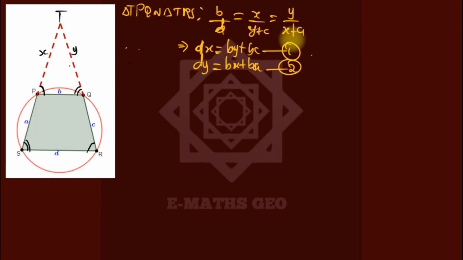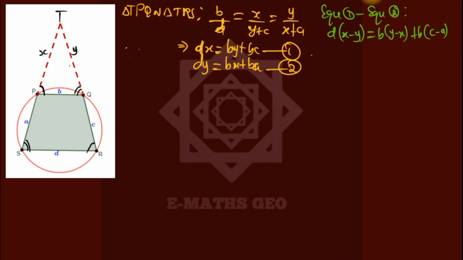If we do equation 1 minus equation 2, you see that d is common: dx minus dy. So factor d, and it is equal to b(y minus x), I factored b because it's common here, plus b(c minus a).